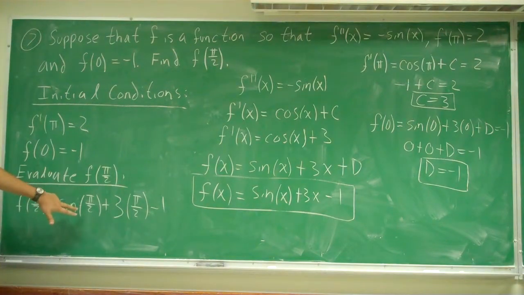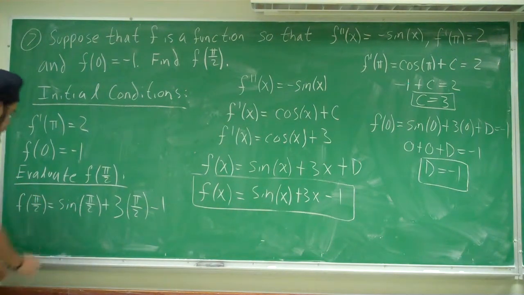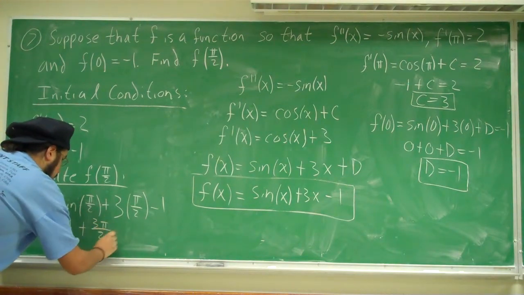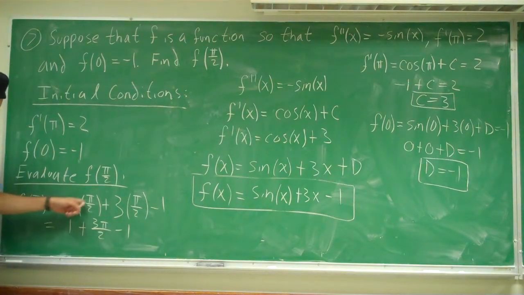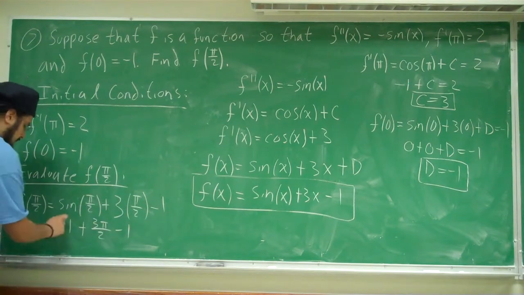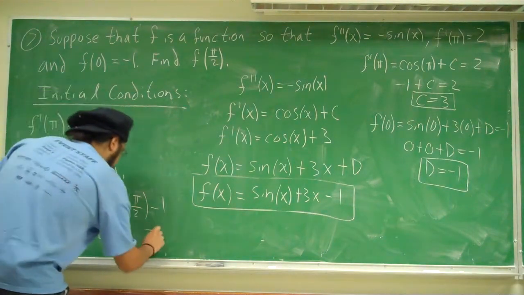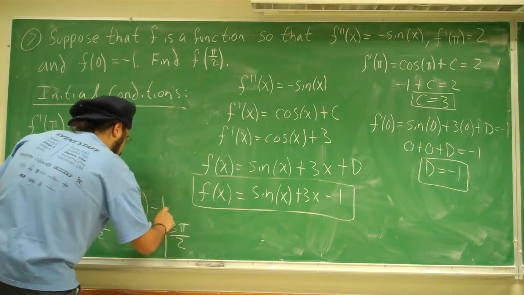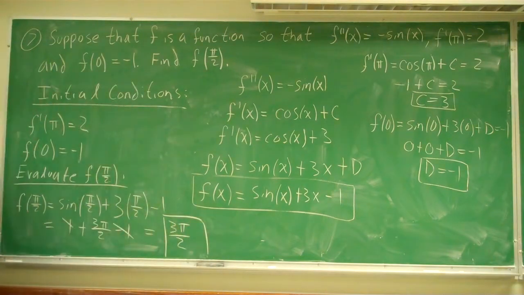But sine of pi over 2 is 1, so we have 1 plus 3 pi over 2 minus 1. This 1 minus the 1 will cancel out, and we're just left with 3 pi over 2. Okay, so f of pi over 2 is 3 pi over 2.